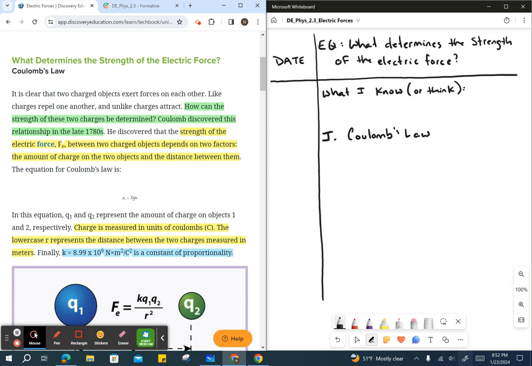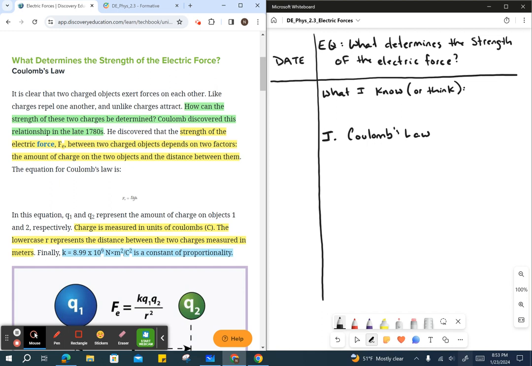Furthermore, in the next paragraph, charge is measured in units of coulombs, capital C, and the lowercase r represents the distance between the two charges measured in meters. Finally, K is the constant, equal to 8.99 times 10 to the ninth newtons times meter squared divided by C squared. This is what they call your constant of proportionality.